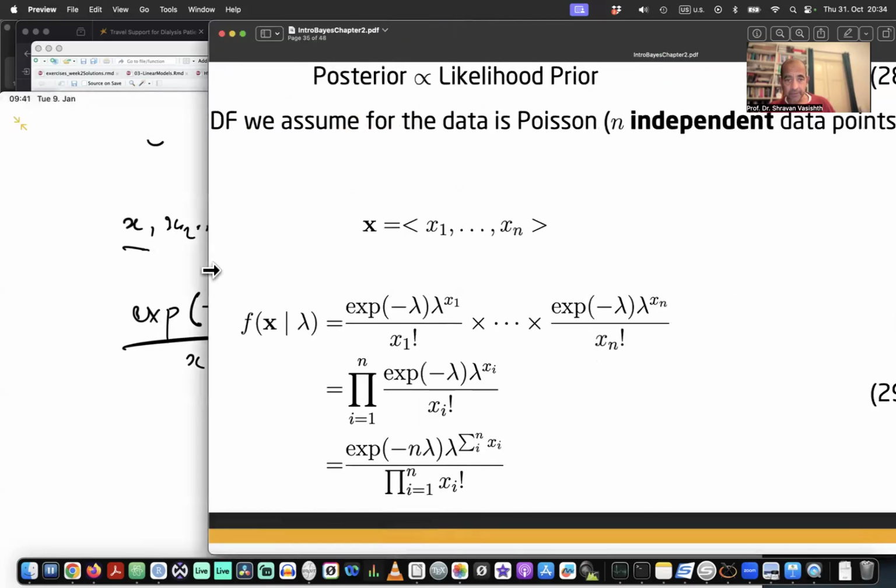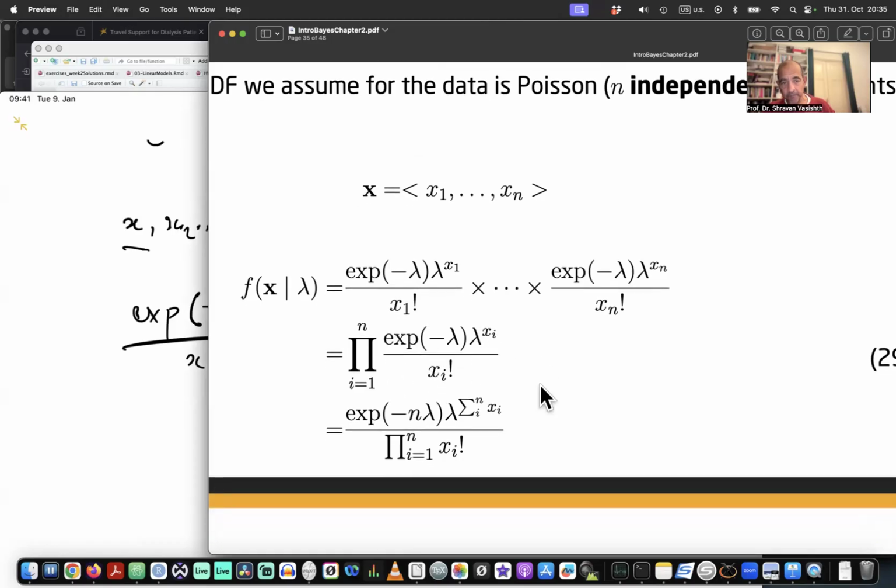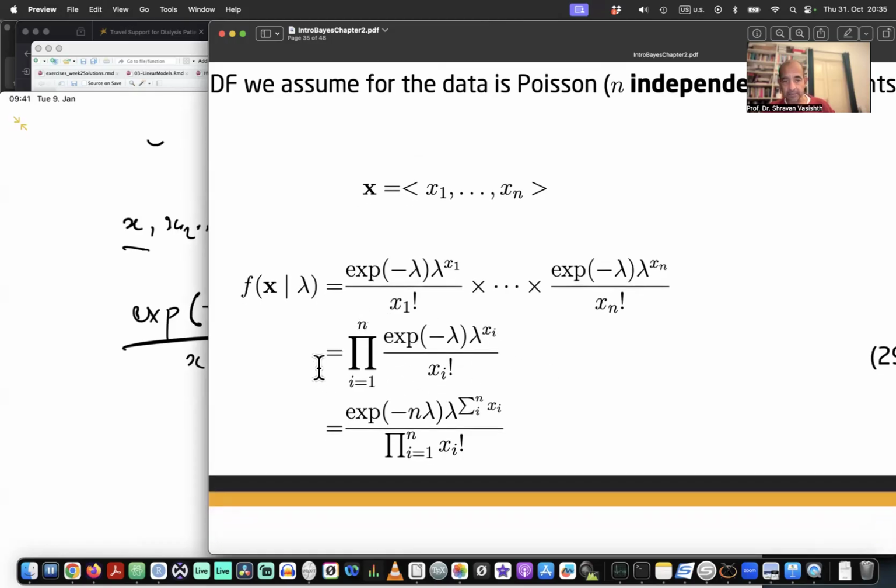So I've just converted this long term of n data, the joint probabilities of n data points, into one compact expression by using this product sign. So instead of x1, x2, x3, x4, xn, I'm using x sub i now, right? So I've just made it more compact.